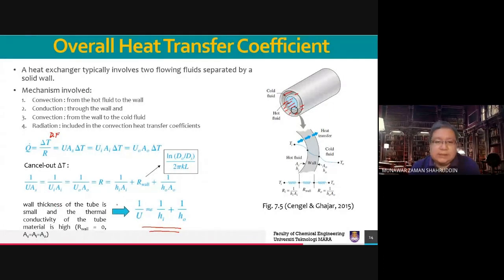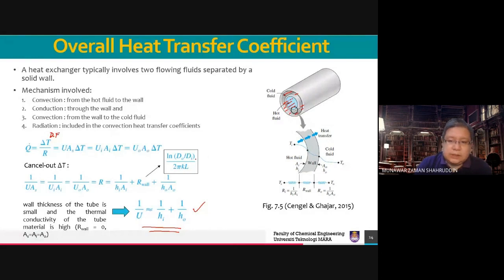Then you can assume the process as this equation. So please be very careful. And we will have another term for U later when you have fouling.